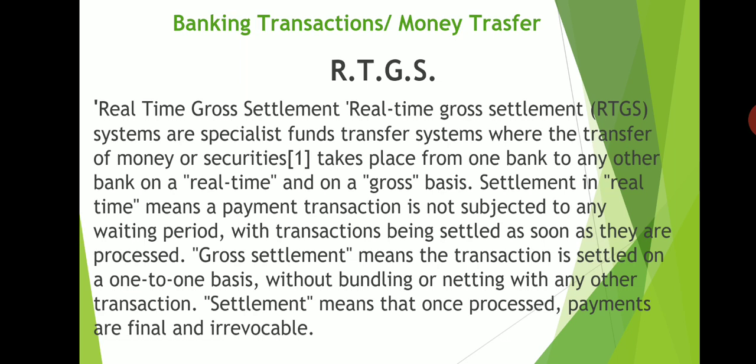So when a fund is going to transfer from one bank to another bank, it is in real time, means in actual time we are able to transfer our fund from one place to another place, and the time period is known as real time, and the settlement is known as gross, or a transaction which is settled on one-to-one basis.